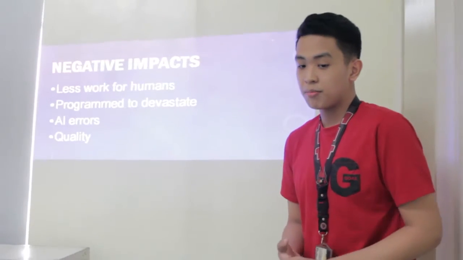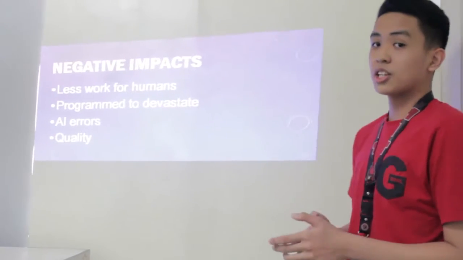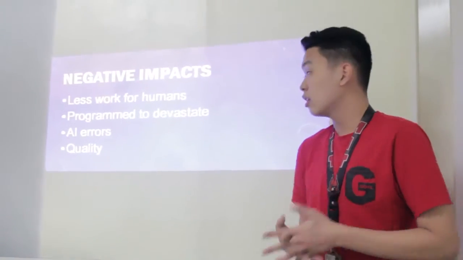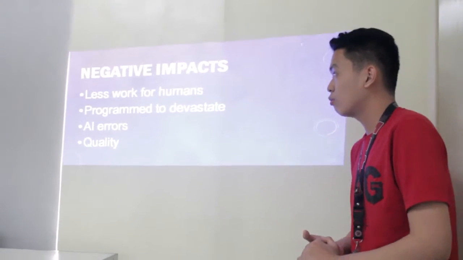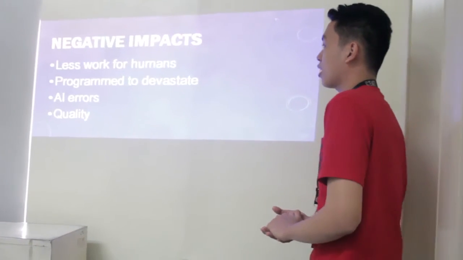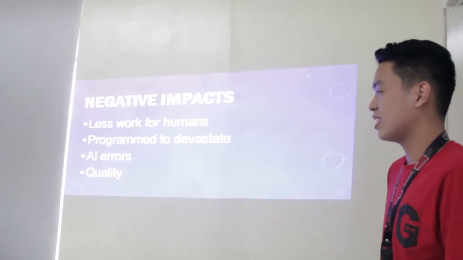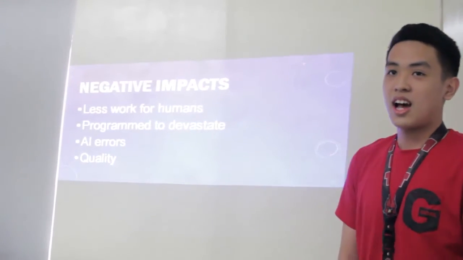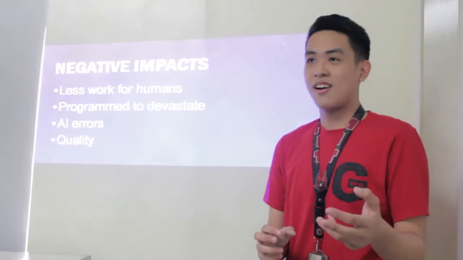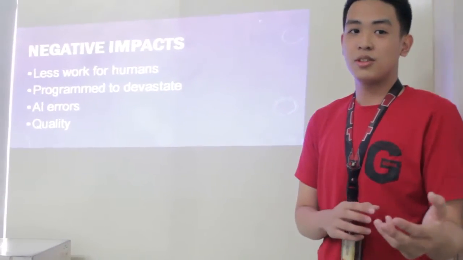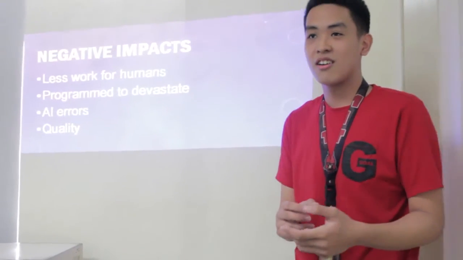These are some of the negative impacts of artificial intelligence. Less work for humans because as artificial intelligence substitutes the human brain, less work for humans is needed. That's why less jobs for humans, which is a negative impact. Programmed to devastate. Another negative impact is AI errors and quality. AI errors because after the artificial intelligence is programmed, there is somehow wrong codes used which will trigger for wrong purposes.